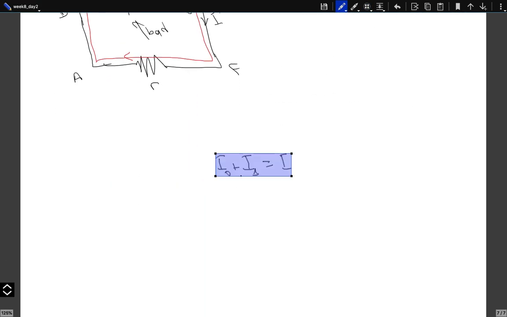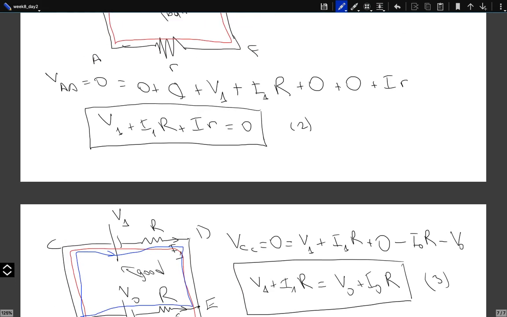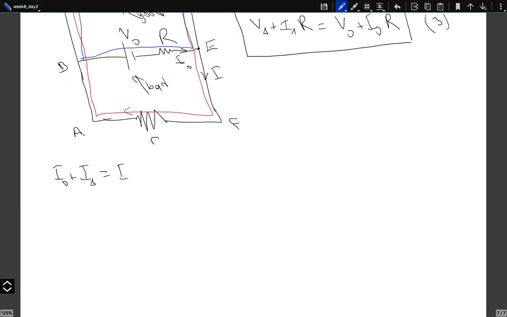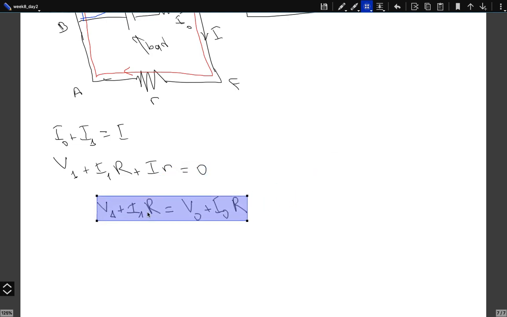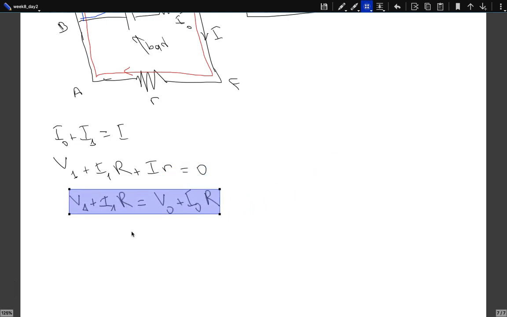This is my first equation, this is my second equation, and this is my third equation. Well, now the rest will be algebra.